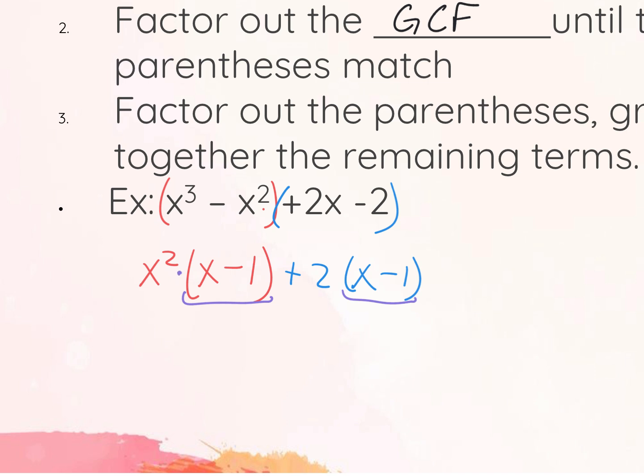This is x squared times x minus 1, and this is 2 times x minus 1. So this is our common factor, and if it's a common factor, I can take it out. Take out that common factor, and then you're left with whatever's left over, that x squared and the plus 2.